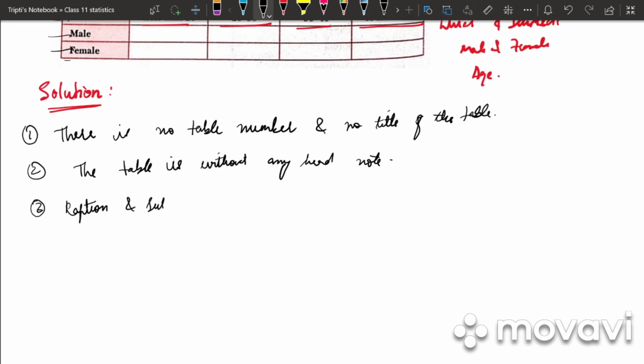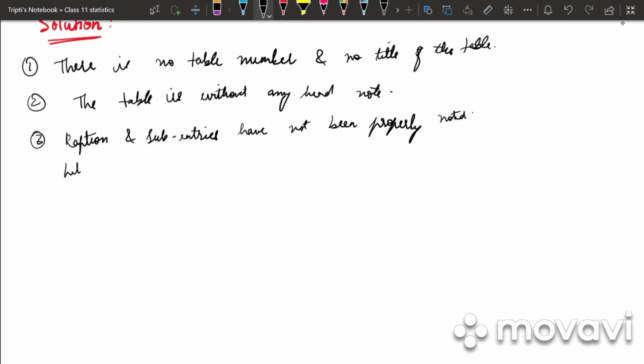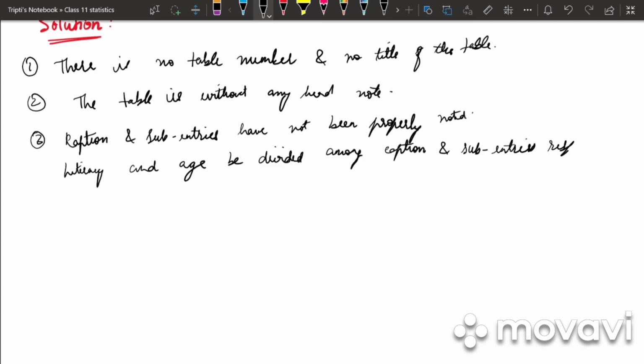Caption and sub entries have not been properly noted. Full stop. Literacy and age should be divided among caption and sub entries respectively.